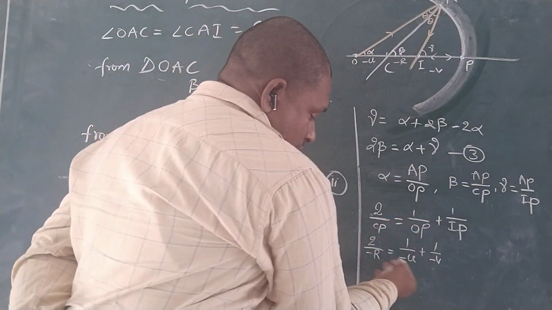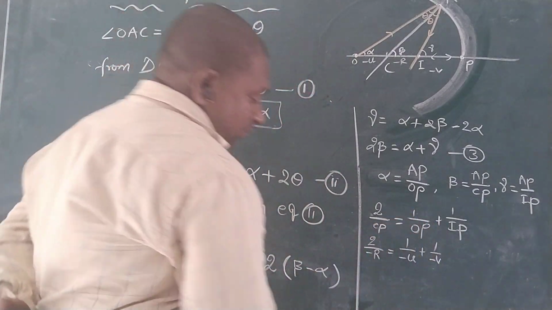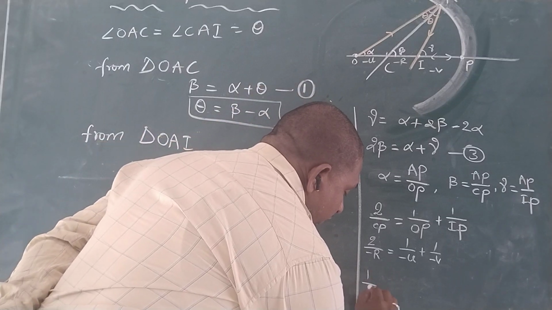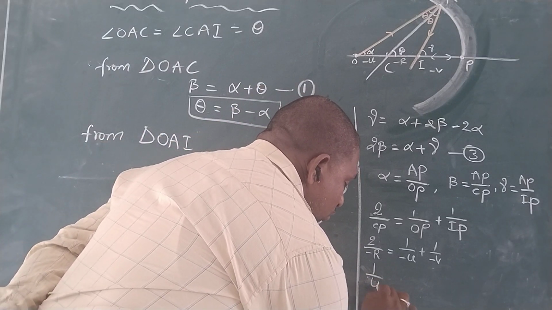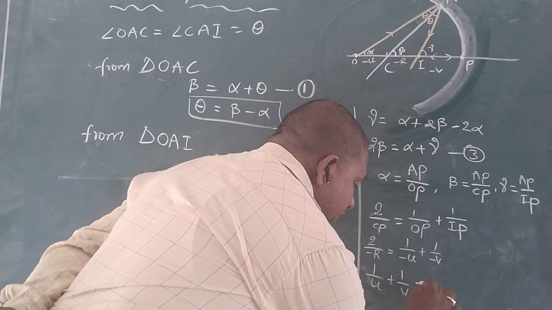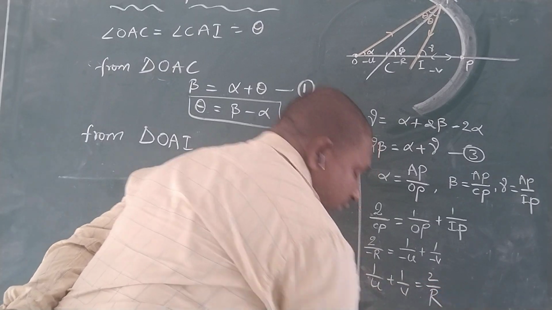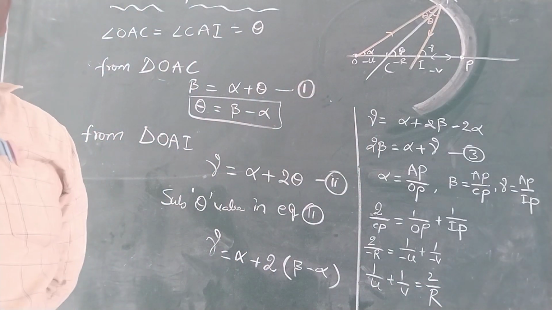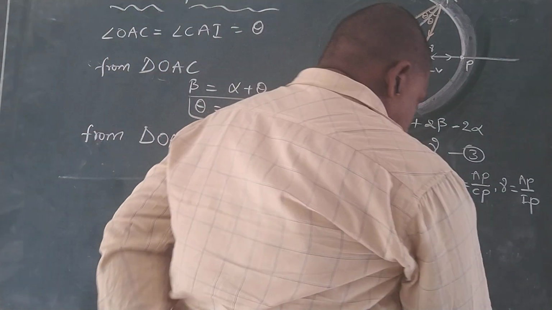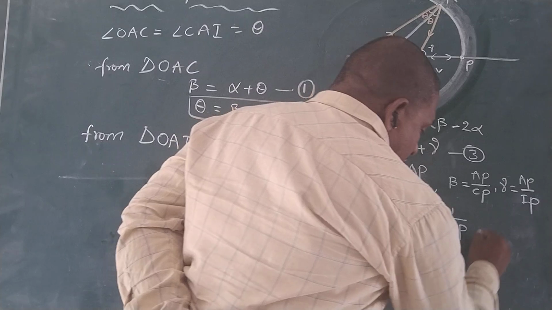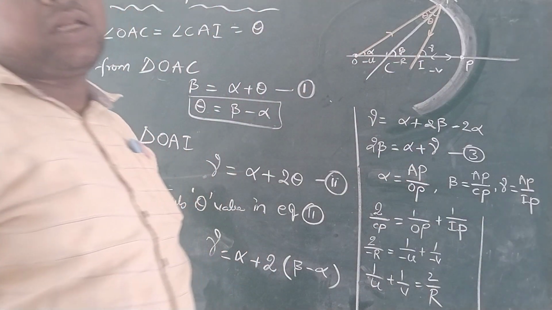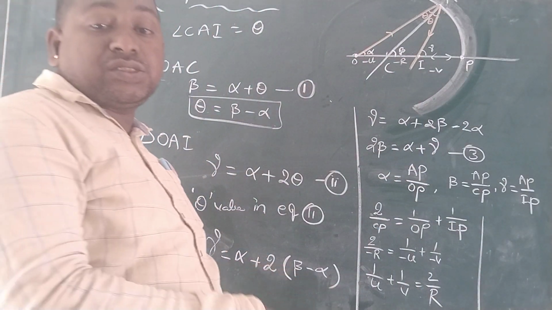If you cancel the minus, 1 by u plus 1 by v is equal to 2 by r. From our previous relation, 2 by r is equal to 1 by f, a relation between focal length and the radius of curvature.